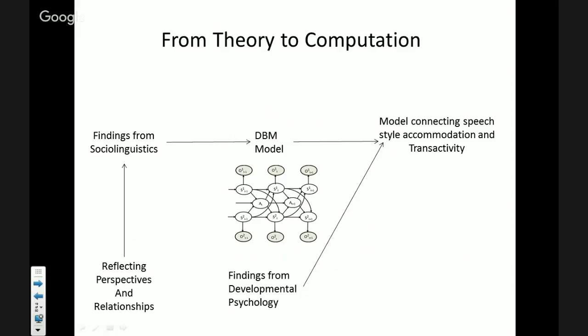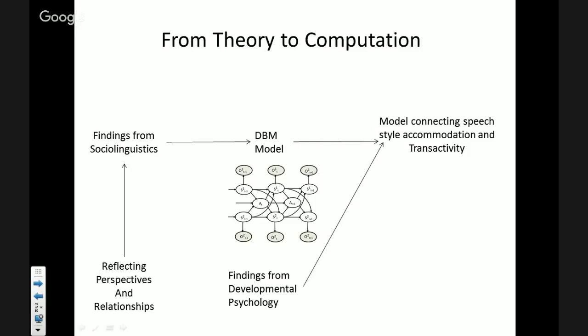And so the two students did their work first independently. So the work that the first student did on the audio data was not using the analysis of transactivity. And in the analysis of transactivity, the audio data was not included. And there was no sense in which the model of measuring the speech style accommodation was tuned in order to make any kind of prediction about the prevalence of transactivity.